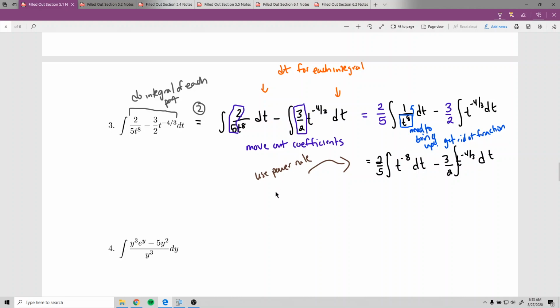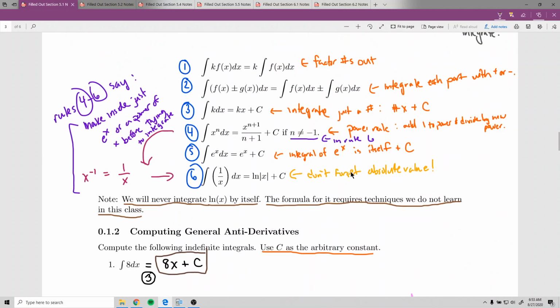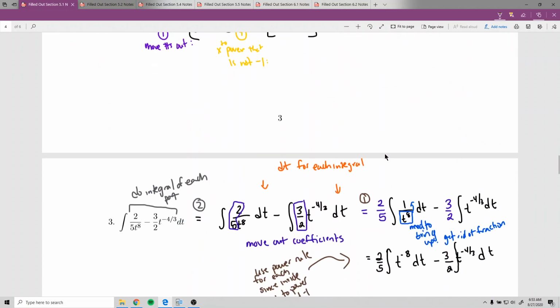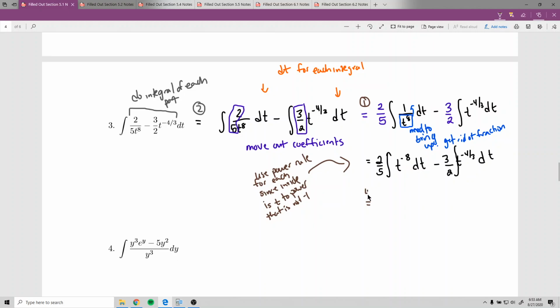So we use the power rule for each. And I think we wrote that as rule 4. Let me just double check. Yep. So we're using rule 4 on both of them.